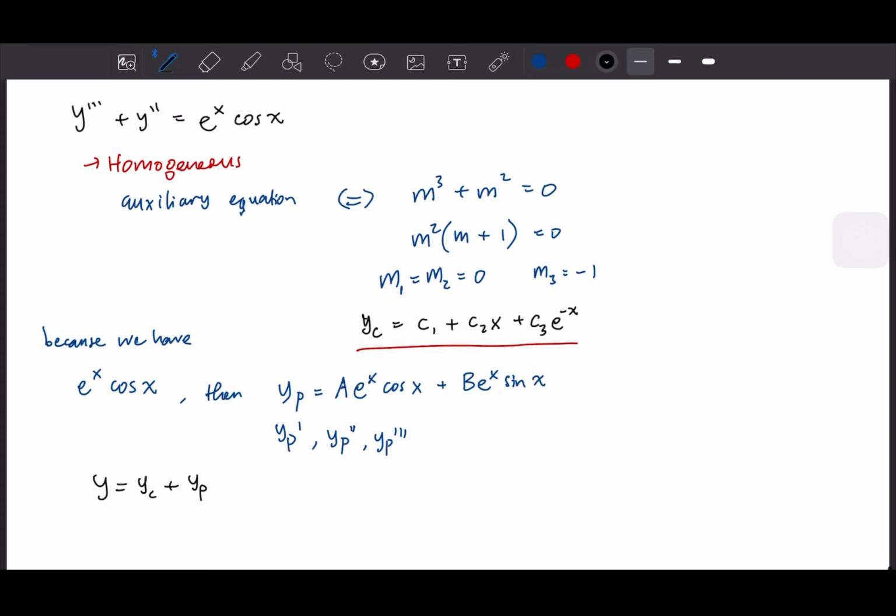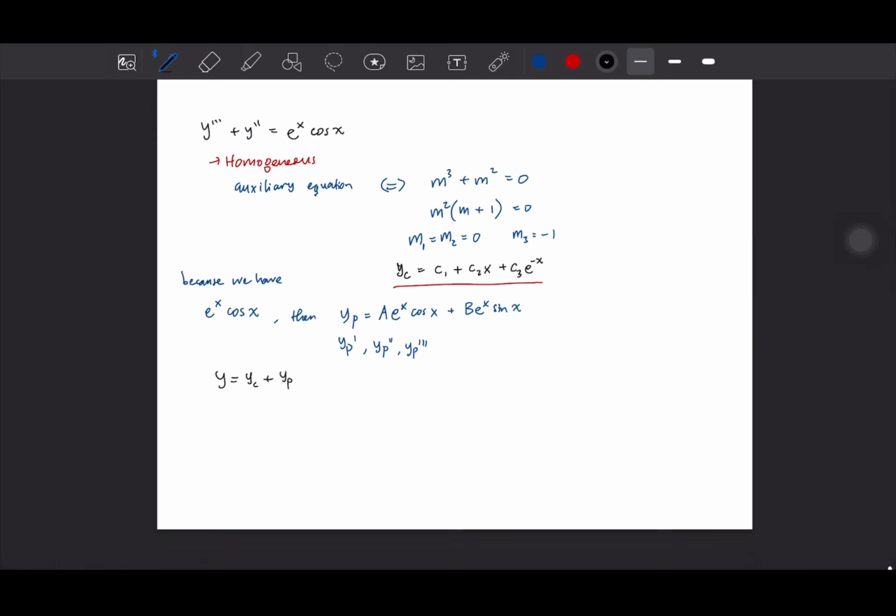Variation of parameters is a method that will complete the weakness in undetermined coefficients. For example, let me show you one. So let me write variation of parameters.